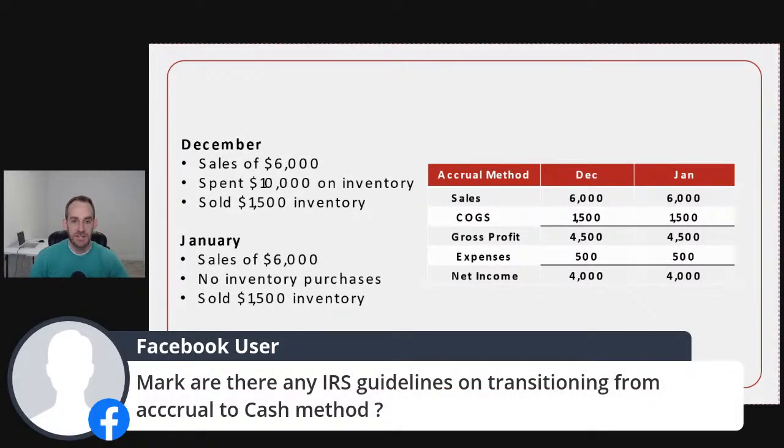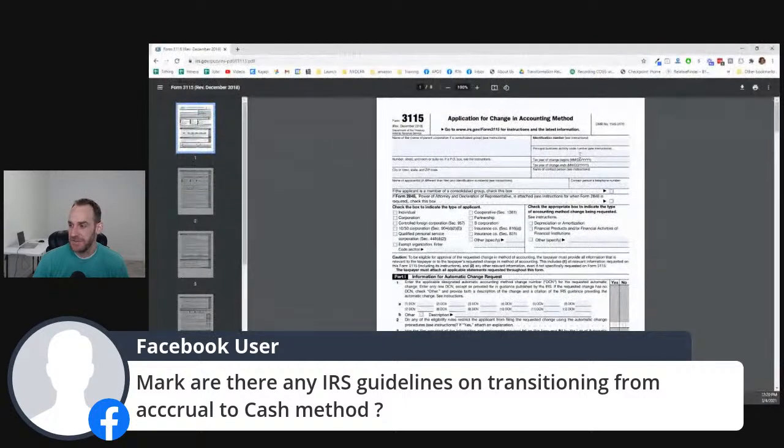So here's a good question. Are there IRS guidelines, and we'll talk about this a little later, about transitioning from accrual to cash? And there are. The IRS doesn't want you to switch back and forth. You can change, but they don't want you switching back and forth every year. And technically, to do that, you're supposed to fill out this 3115 form, which is an insane form. It's called application for change in accounting method.